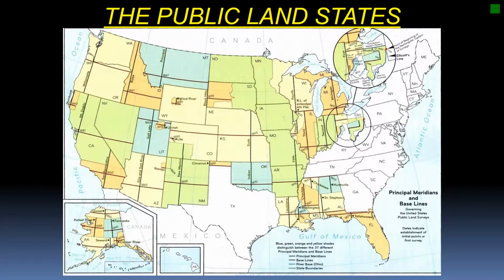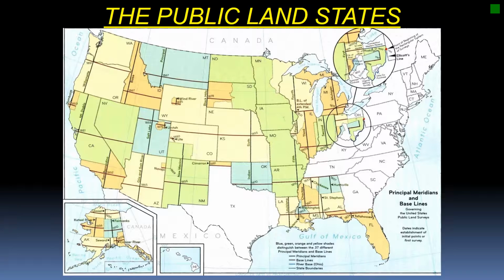That meridian and baseline controls surveys from Arkansas all the way up into North Dakota. So you can see that it's quite a lot of land that those meridians control. And all of these other meridians and baselines control different lines across the United States.